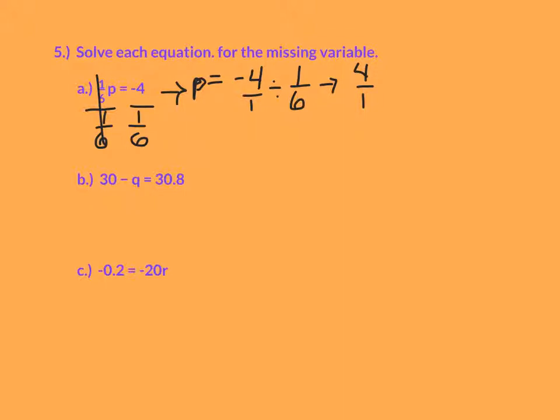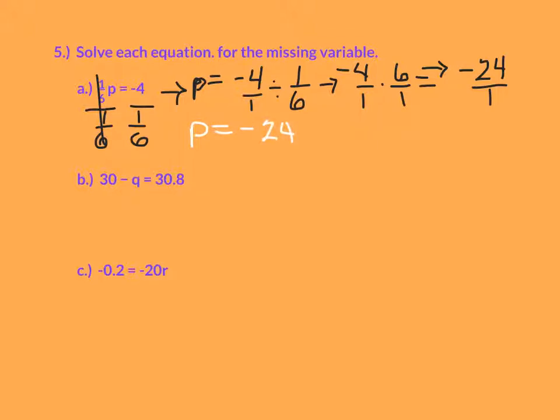First we will divide. Keep the first, flip the second, then we multiply. Keep the top with the top and the bottom with the bottom. So that means -4 times 6 gives us -24. Of course, that's over 1 because 1 times 1 is 1. So therefore, I know that P equals -24.